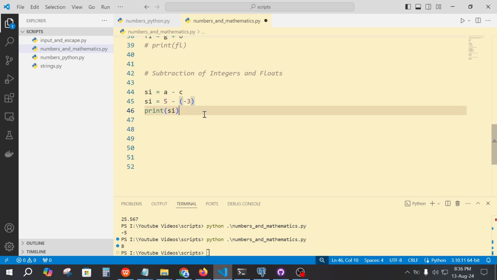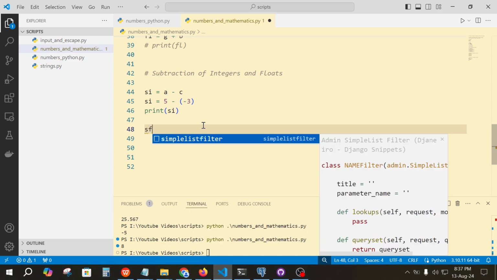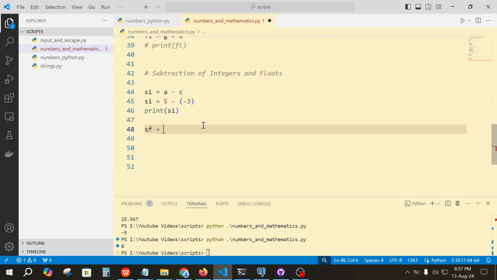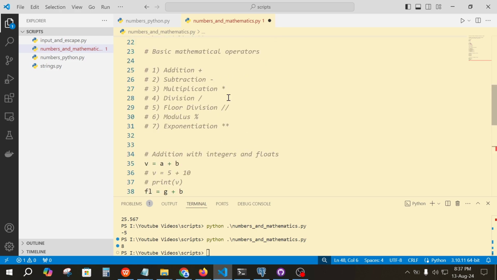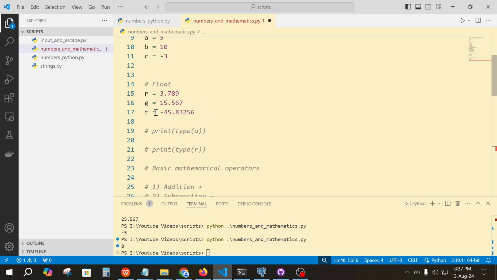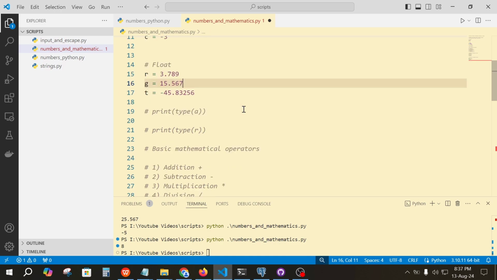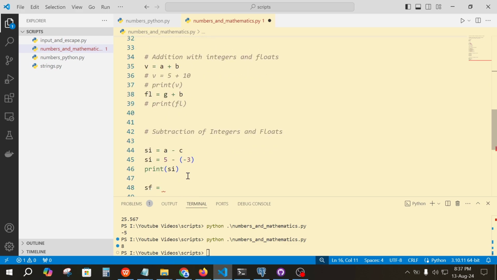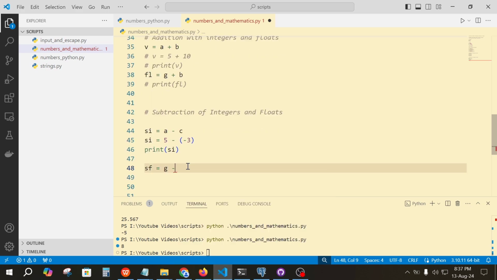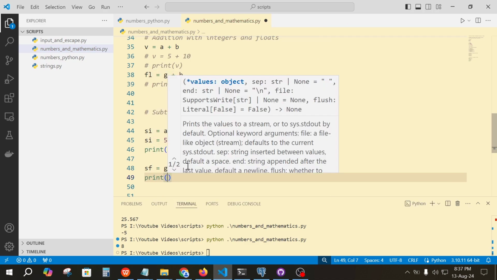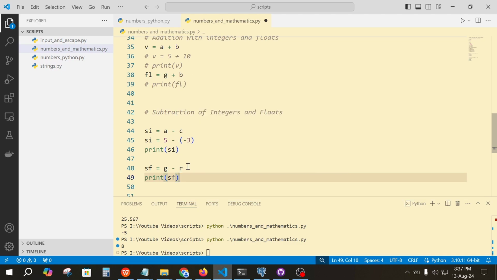Okay, same with the float. If I write subtraction of float equals, and we have float, now we will subtract two float numbers, r minus g, or g minus r. And then we will print sf. Let's see. I think now you can visualize this number and this number in your mind.